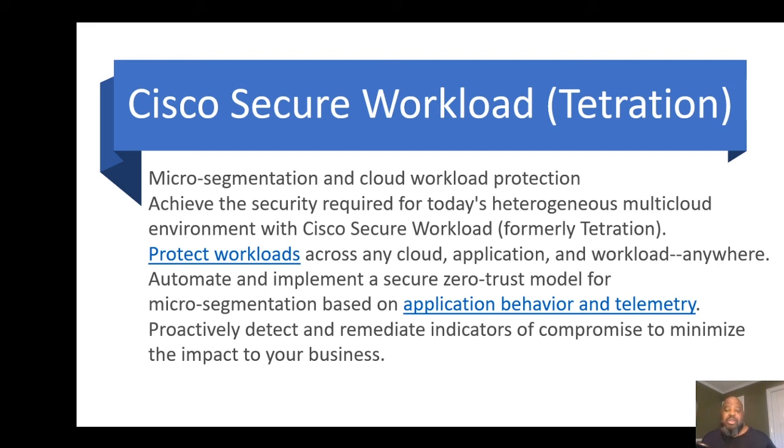Proactive detection and remediation of indicators of compromise minimizes the impact to your business. The big thing now is east and west traffic inside your environment. So Tetration, or Secure Workload, controls your east and west traffic. Even though you're on that VLAN, it still controls what applications you can get to on that VLAN.